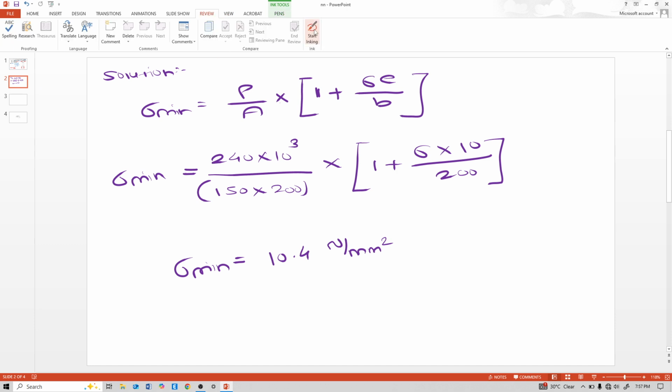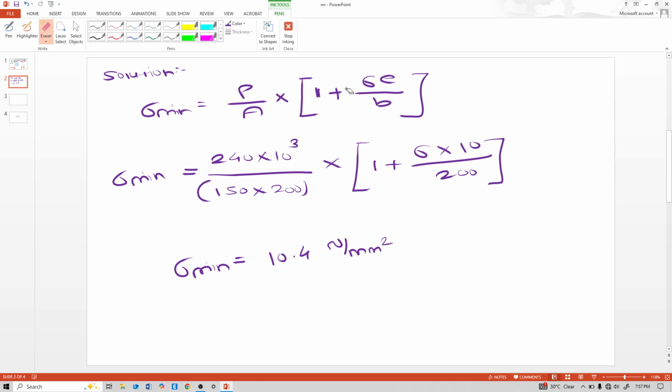See, again we made a mistake. If this is plus, that means this is sigma maximum, not minimum. Remember that. The formulas of sigma minimum and maximum are different, and the only difference is that in the sigma minimum formula a minus sign will come.